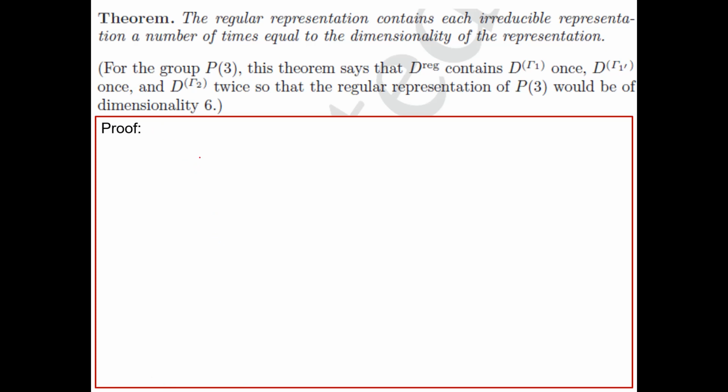Since the regular representation is a reducible representation, as we have seen already, I can always write the character of the regular representation corresponding to the class C_k as a linear combination of the characters of all irreducible representations gamma_i with coefficients a_i, and these are the characters of the different irreducible representations of the group.